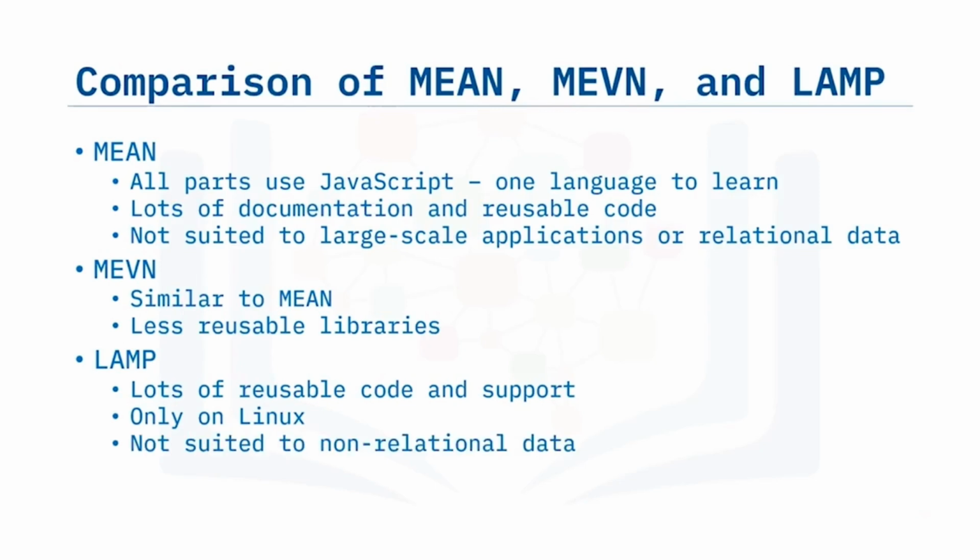MySQL is a relational database, so the stack cannot take advantage of unstructured data. The other disadvantage of the LAMP stack is that the back end runs on PHP, Perl, or Python, whereas the front end uses JavaScript and HTML, making it harder for developers to switch back and forth between the Mean and MEVN stacks, which use JavaScript throughout.